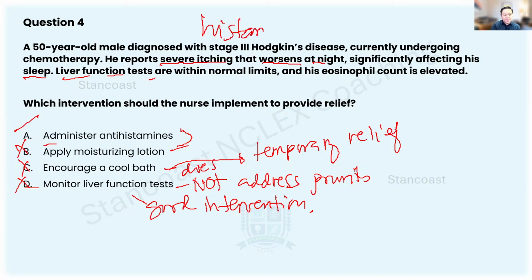Histamine release from the eosinophils. And that is the reason why our patient is having the severe itching. All right. So again, the pruritus that the patient is experiencing right now is caused by the release of the histamine from the eosinophils, and this is going to be properly treated with the use of the antihistamine medications.